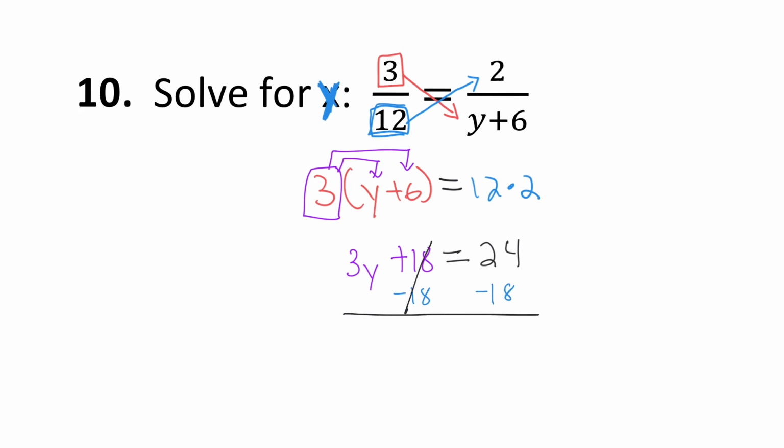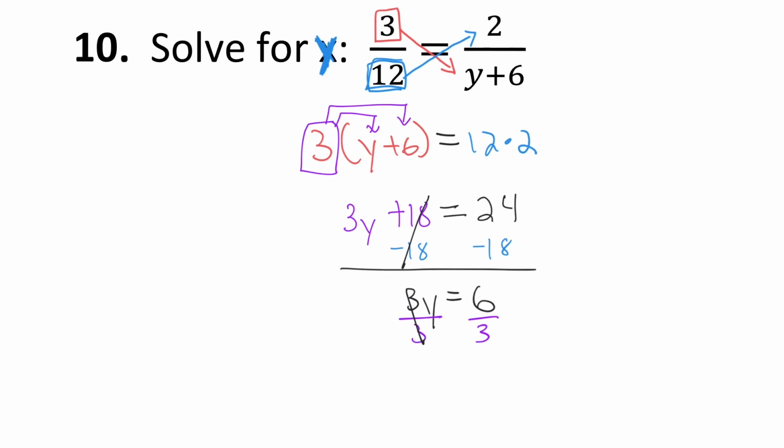So 18 goes away. Bring down the 3y equals, and then 24 minus 18 is 6. And the last step, divide by 3. Cross this one out, and we get y equals 2. So this is the value of y.